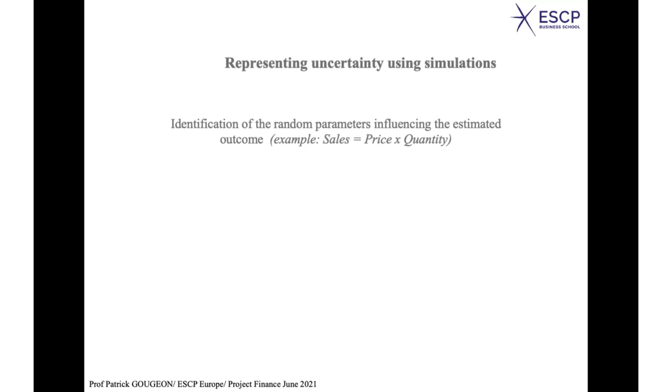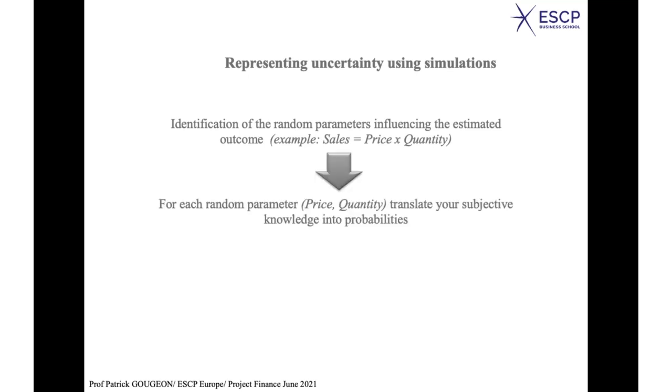The second step is, for each random parameter, here price and quantity, you have to translate your mostly subjective knowledge into probabilities. Why do I say subjective knowledge? How can you have an idea about the average price and its volatility? You can go and see your marketing team.